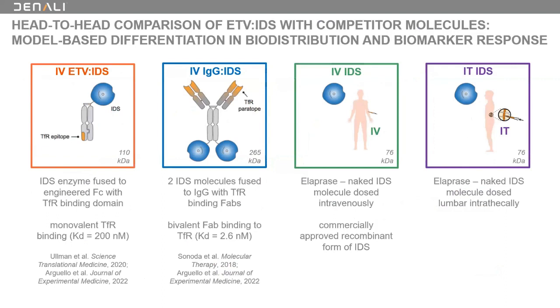Another molecule, IgG-IDS, is along the same lines of TFR binding entities. Now, these entities in this molecule are in the Fab region of this IgG1 molecule, and we have enzymes linked to the FC region. There are differences in valency and also binding affinities to TFR between the 2 molecules that we have talked about so far.